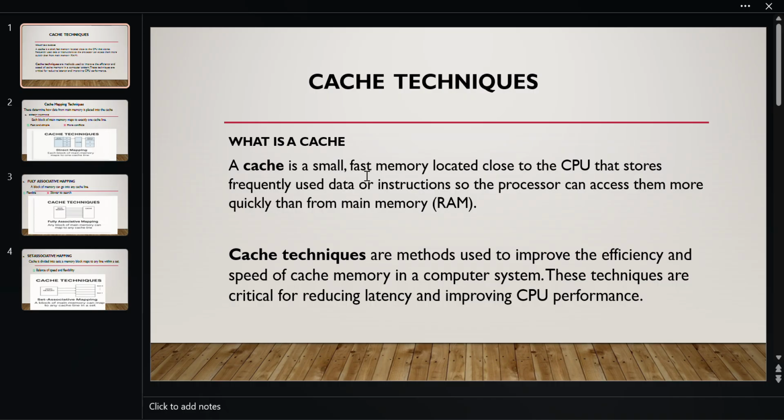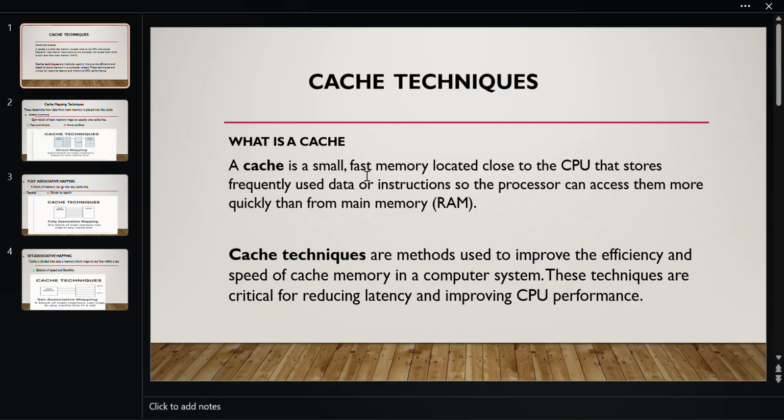A cache is a small, fast memory located closer to the CPU that stores frequently used data or instructions so that the processor can access them more quickly than from the main memory, which is the RAM.